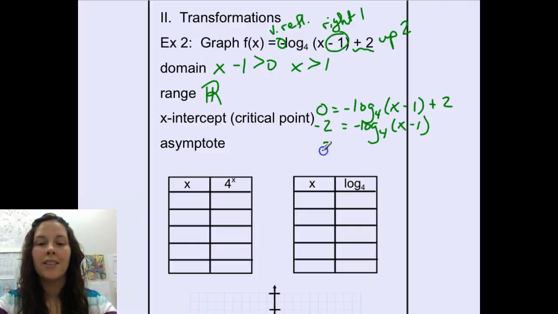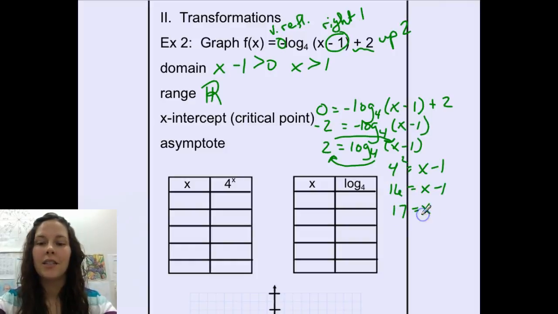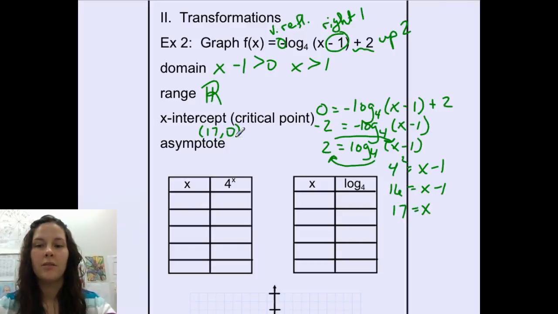Dividing by the negative sign outside the log. Using the log law, 4 squared equals x minus 1. 4 squared, of course, is 16. So adding 1 to both sides, we get an x-intercept of 17. So we solved and got 17 when our y value was 0.